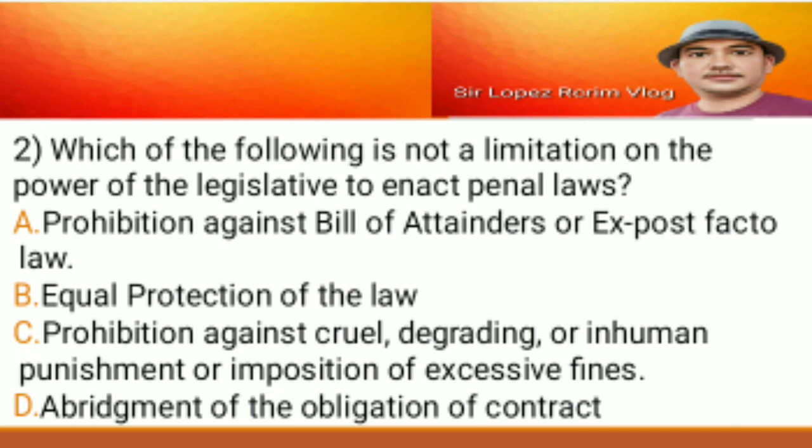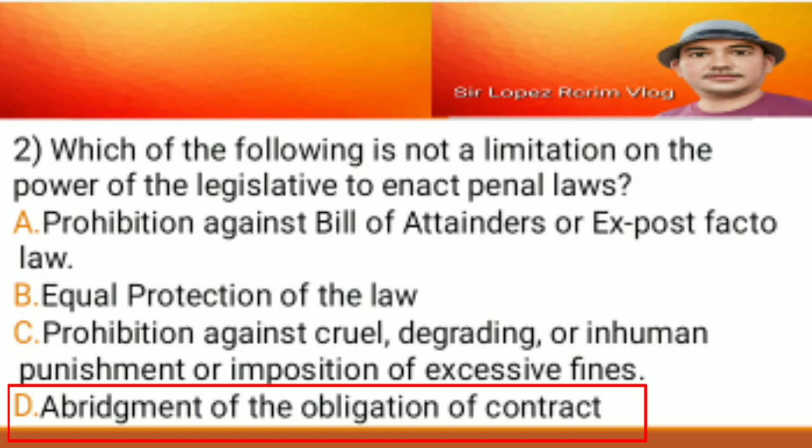Letter C, prohibition against cruel, degrading, or inhuman punishment or imposition of excessive fines. Or letter D, abridgment of the obligation of contract. Okay, so the correct answer here is letter D. So letter D is not included among the limitations of the legislative to enact penal laws.